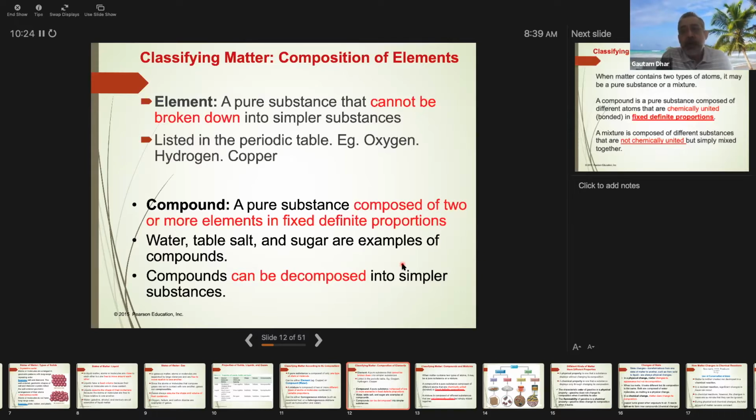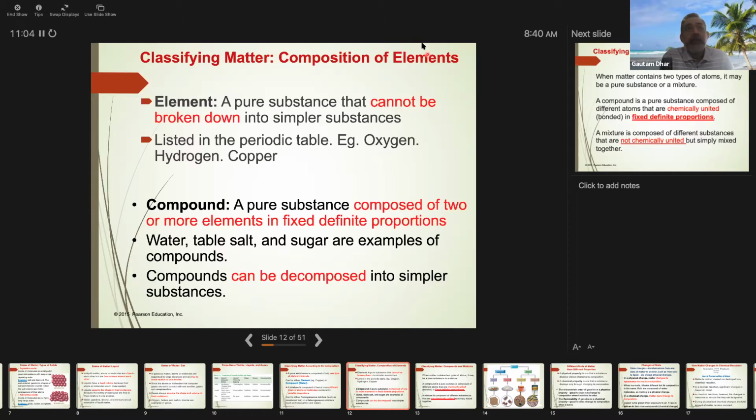So water, if you put in some effort, and that has to be substantial effort, we can break the bond between hydrogen and oxygen in water and get hydrogen and oxygen from them. So basically, we can break it down into simpler substances, but we cannot break it down any further. Once you get hydrogen and oxygen, if you want to break it down, we probably cannot. And if you try too hard, we'll basically destroy the atoms altogether.